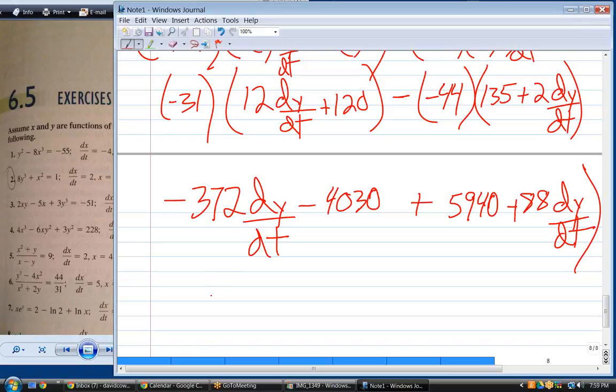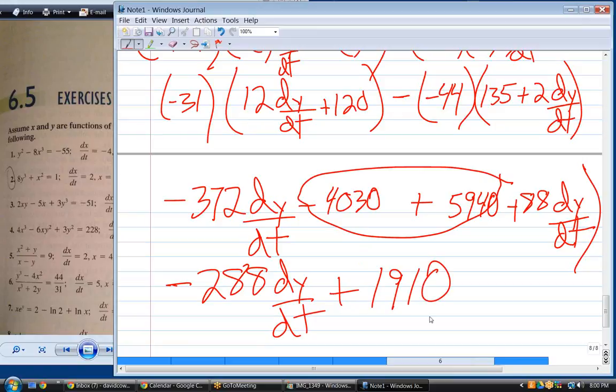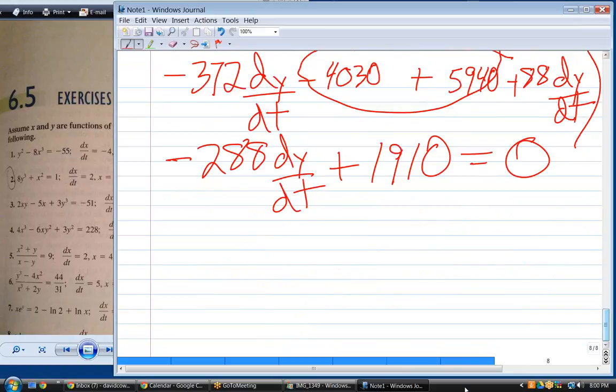How many do we have? 2. Okay. So that's minus 288 dy dt. And what is this number right there? That would be 1,910. All that's equal to 0.